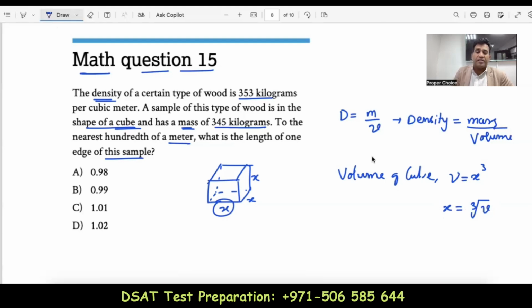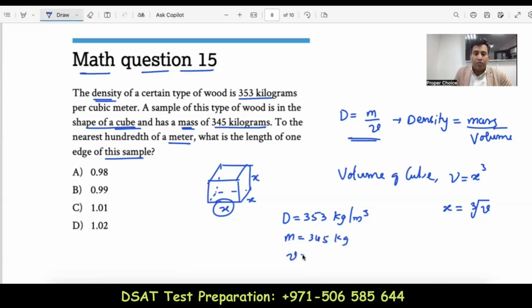Before that, let's solve for volume. How do we rearrange this expression? What is known to me? Density is known, that is d is 353 kg per cubic meter, and mass is known to us as 345 kg.